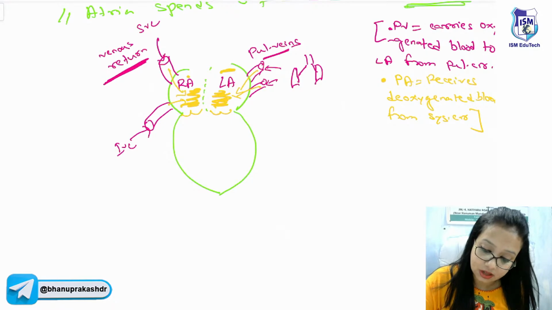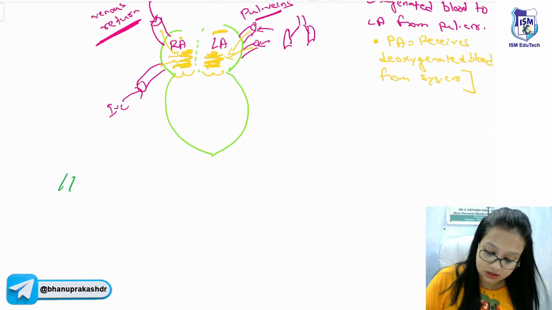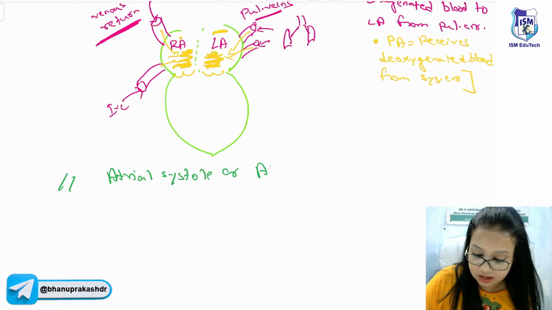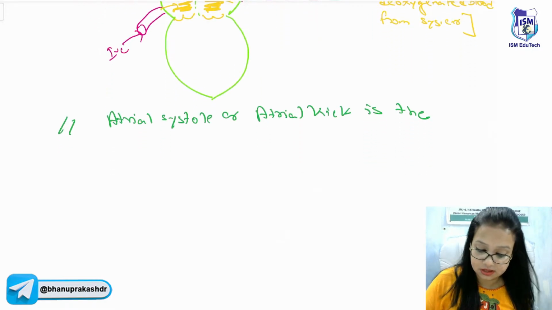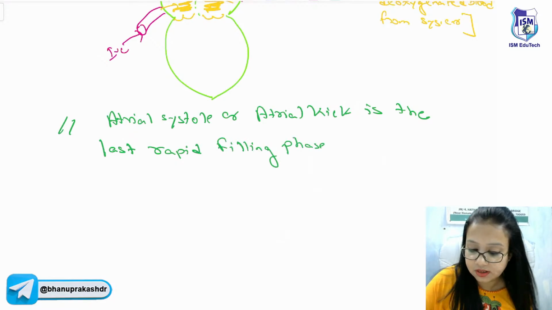Okay. Now, the contraction of the atria, or the atrial systole or atrial kick, is the last rapid filling phase of the ventricle, right?